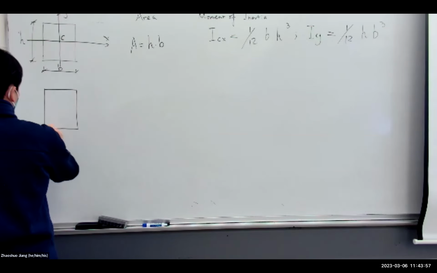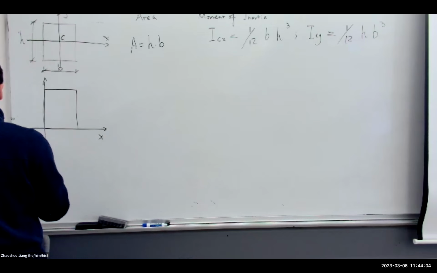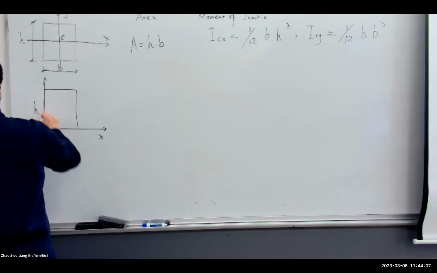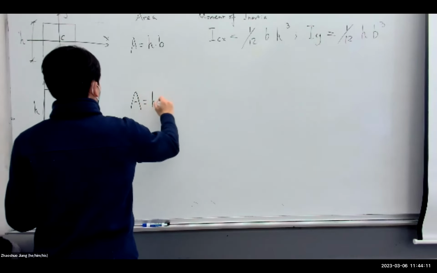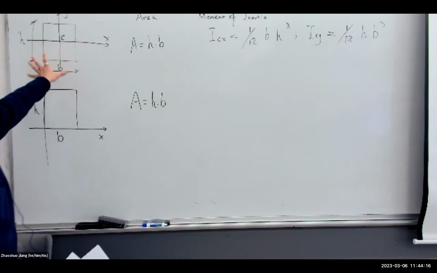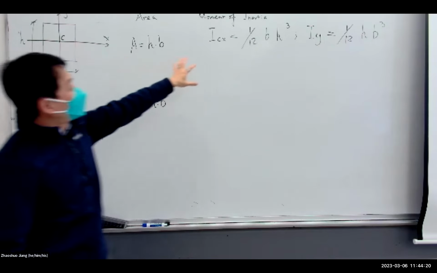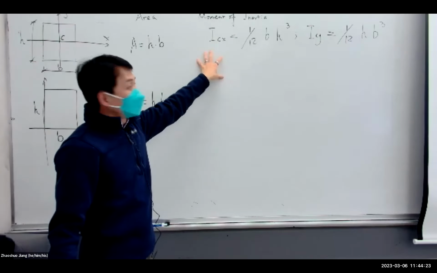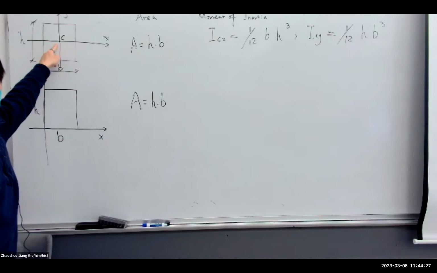Well, if this is the X, this is the Y. In the first example I showed you here, we talked about the moment of inertia of this cross section to the axis passing through its centroid, right? ICX, ICY.